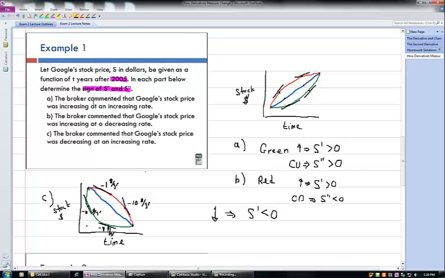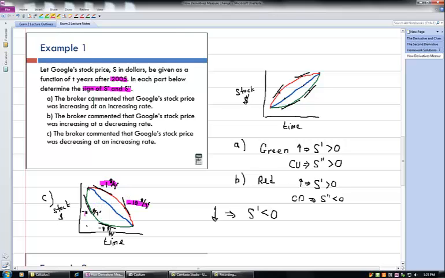This is where you have to be careful. On the red, I'm losing -$1 a year, and now I'm losing -$10 a year. So the rate is going from -1, which is actually bigger than -10, to -10. So this is actually a decreasing rate.